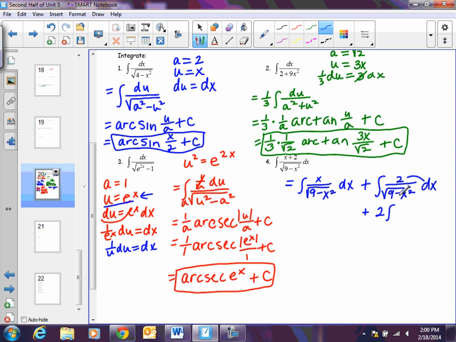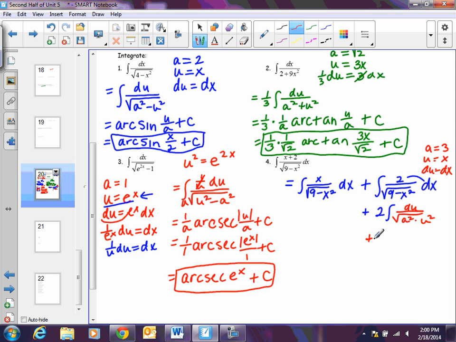Okay, so when I'm looking at this, 9 minus x squared, I'm going to go into the second piece first, then I'll come back to the first one, okay? So what's a? 3. U is x. That makes du dx. So I end up having du over square root a squared minus u squared.